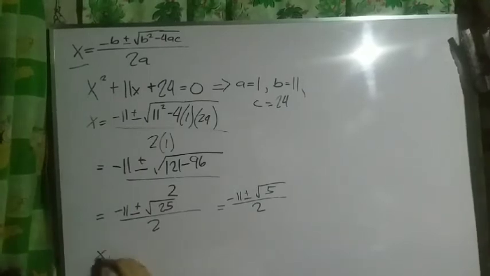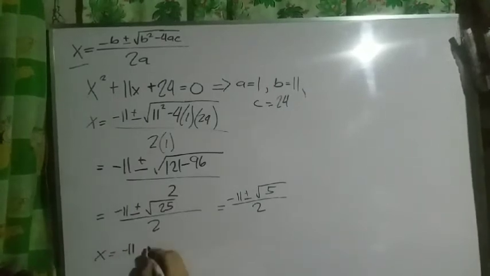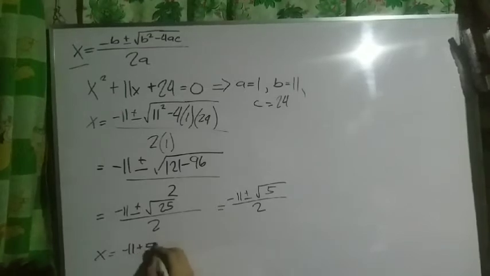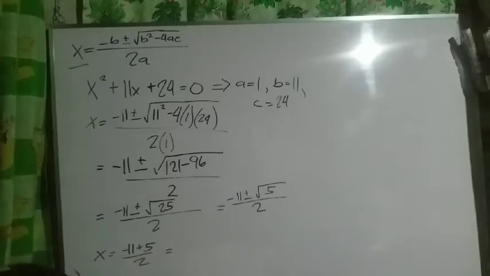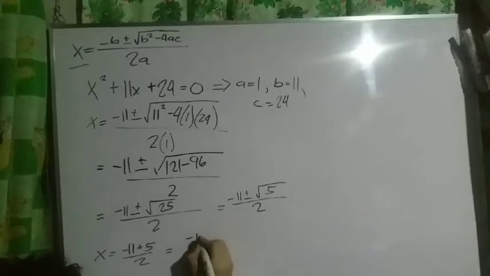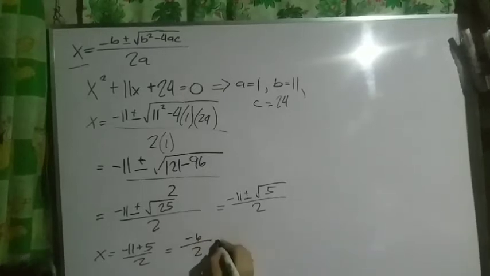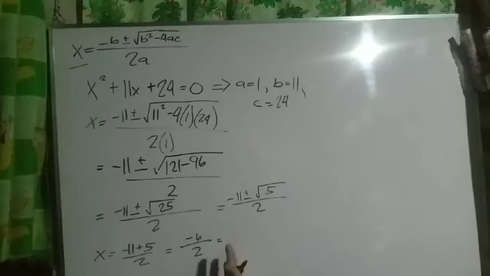So first, x equal to negative 11 plus 5 over 2 is equal to negative 11 plus 5, which is negative 6, over 2. And you will simplify it.